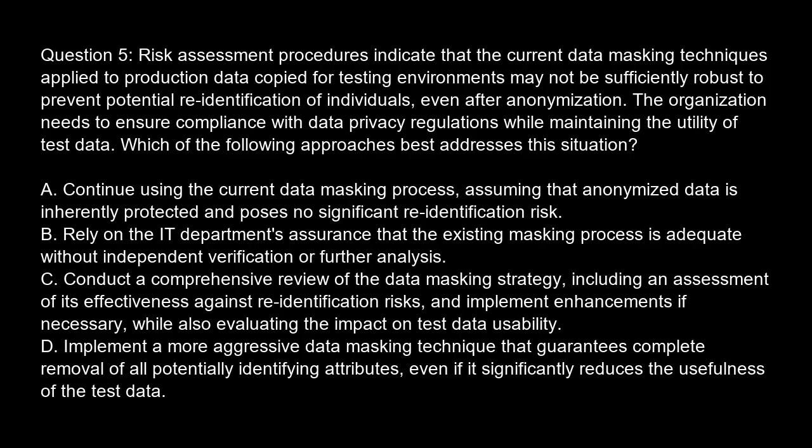Option C. Conduct a comprehensive review of the data masking strategy, including an assessment of its effectiveness against re-identification risks, and implement enhancements if necessary, while also evaluating the impact on test data usability. Option D. Implement a more aggressive data masking technique that guarantees complete removal of all potentially identifying attributes, even if it significantly reduces the usefulness of the test data.